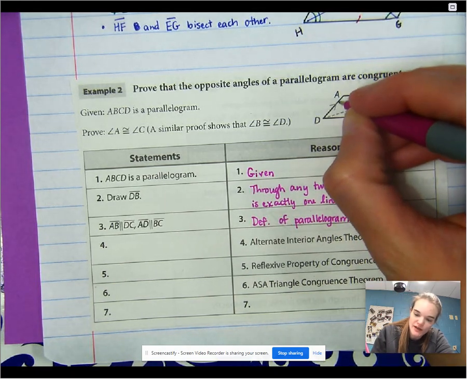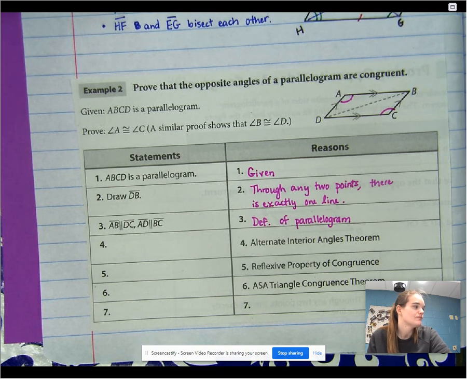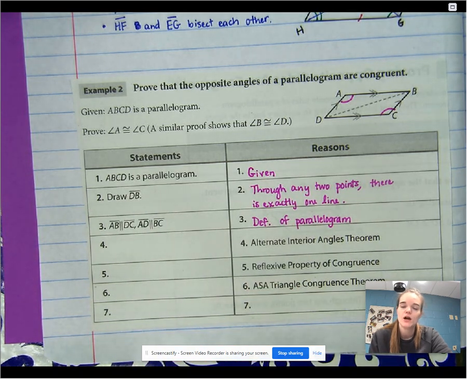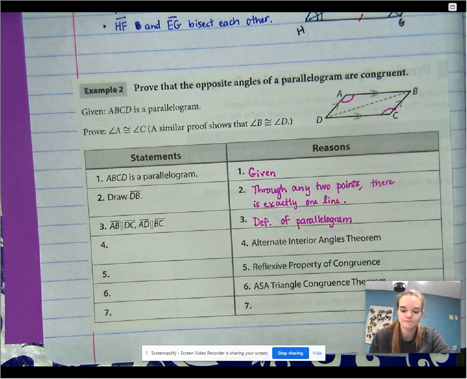For instance, A is congruent to C. We don't know that yet. However, normally to prove things in a figure, you almost always are going to construct a triangle, which is why we drew DB, and then prove that the triangles are congruent. And proving that the triangles are congruent will help us show that the corresponding parts are congruent, okay? So that's actually what we're going to be doing.